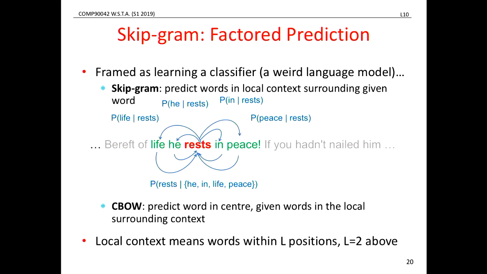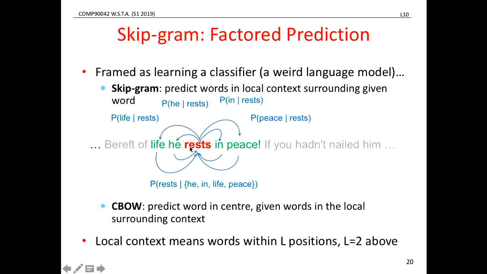So, skipgram, just illustrating: we have this sentence here, and a center word that we're going to focus on for the moment. We're going to walk this through our corpus one word at a time. If we're looking at rests as our center word, we're going to try and predict all of the words that surround it. So given rests, we're going to try and predict life, he, in, and peace.